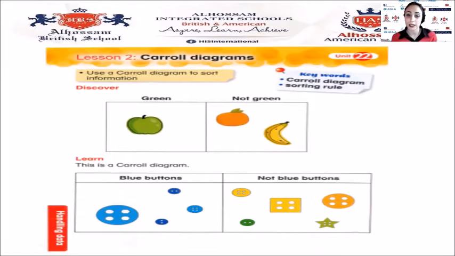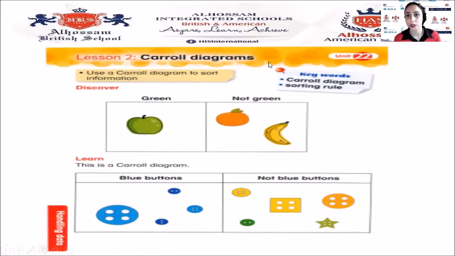Now I have buttons: blue, yellow, green, and orange. If it's blue, I will put it under blue buttons. If it's not blue, any other color, I will put it in the second part, not blue buttons. It's super easy. You got it?